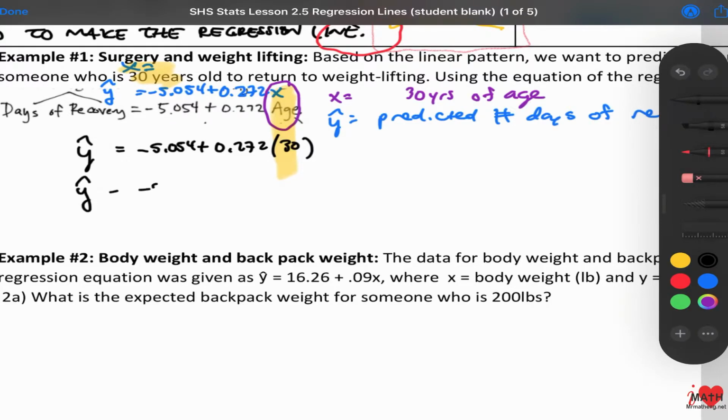So negative 5.054 plus 0.272 times 30 equals 8.16. And if you add those two together, you will get 3.106. Box your answer.